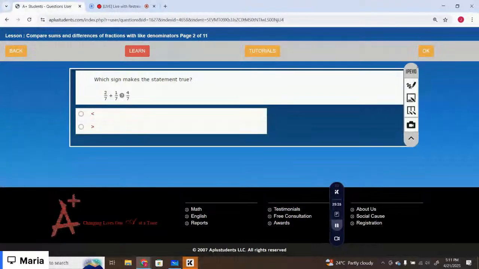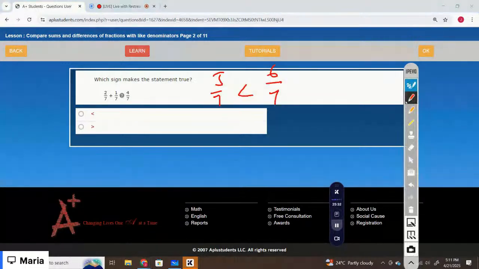2 by 7 plus 1 by 7. They have the like denominators, so simply add their numerators. 2 plus 1 is 3 by 7.